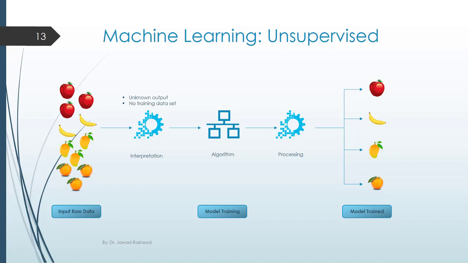Once the model is trained using an unsupervised learning algorithm, the model will create clusters based on its training, and it will group the similar fruits and make their clusters. In normal terms, you can say a cluster is like a grouping. You are grouping similar kinds of items together.